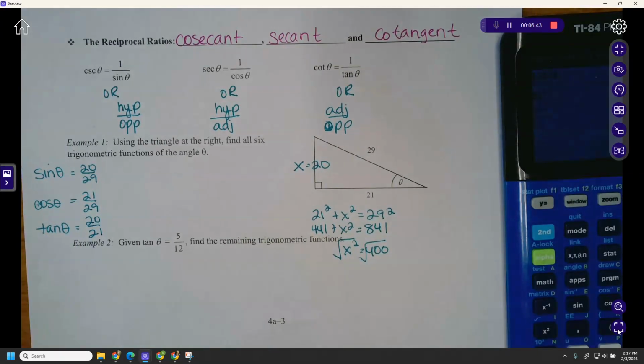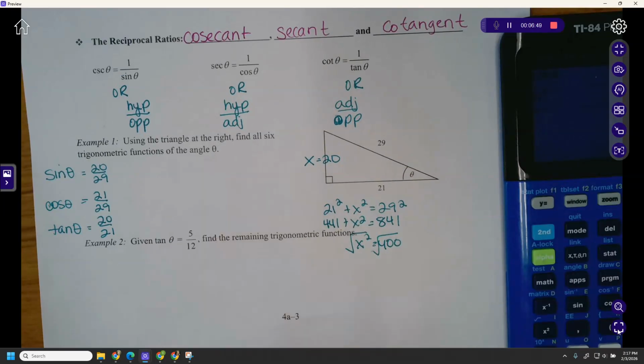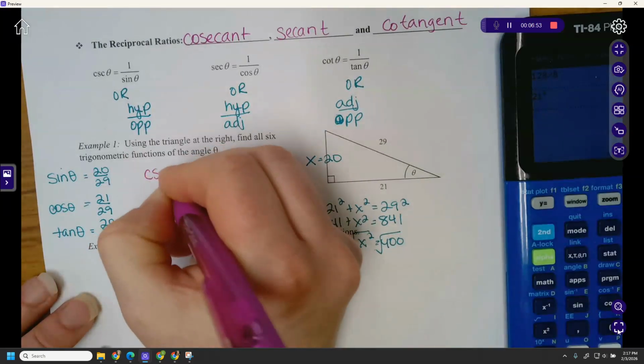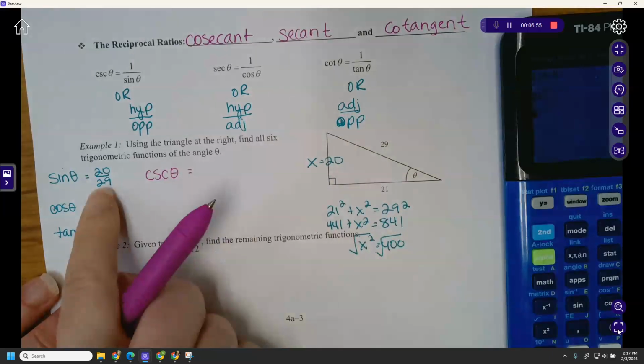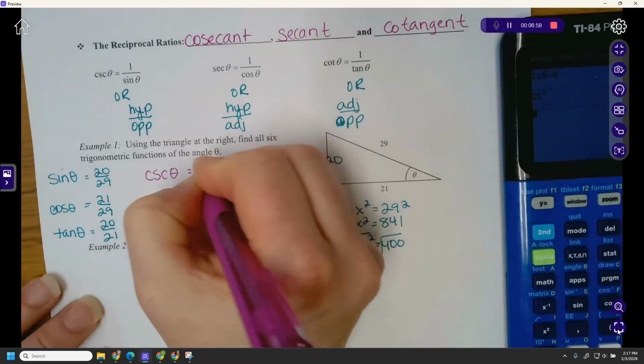I think the easiest, because I asked you for all 6 then, is to write the reciprocal right next to it and then just flip that fraction. So the reciprocal of sine is cosecant. So I'm going to write CSC. I flip or take the reciprocal, which would then make it 29 over 20.